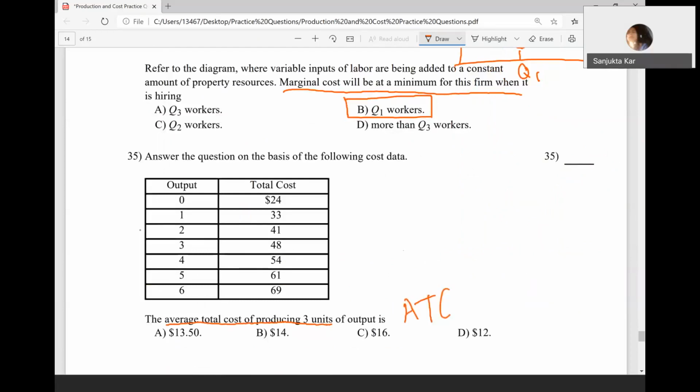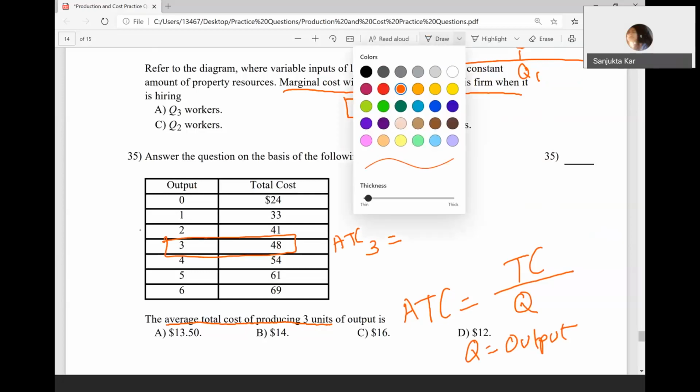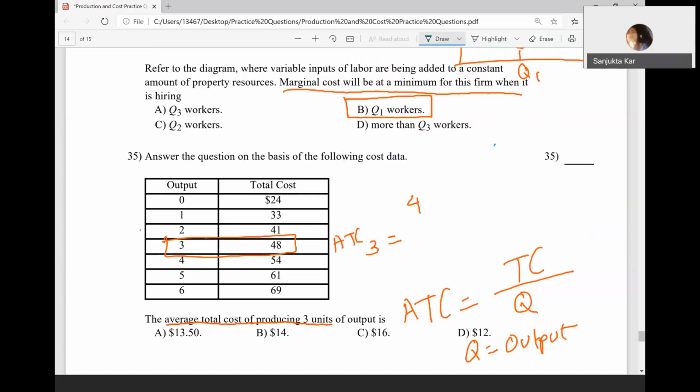Average total cost is total cost over output, and I have denoted output as equal to Q. So the average total cost for the third unit of output is 48 over 3. This one's $16.